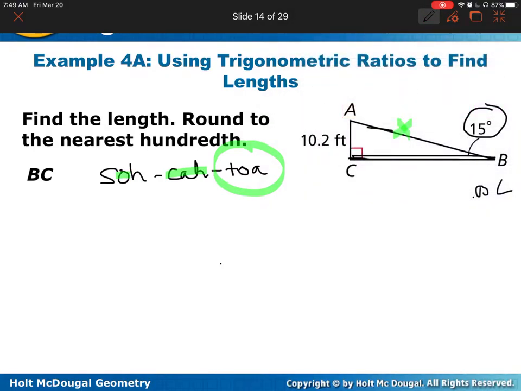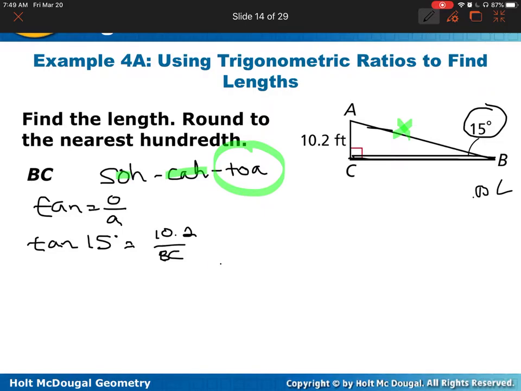Tangent equals opposite over adjacent. So we have our opposite, so we're going to use tangent of 15 degrees equals our opposite, which is 10.2, over BC. We're going to use the name of the line, BC.